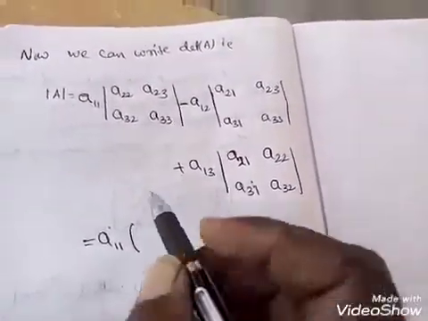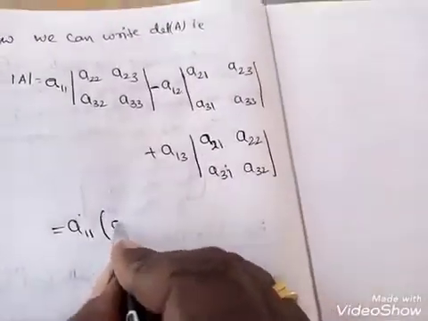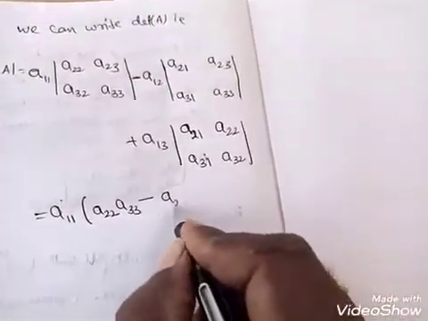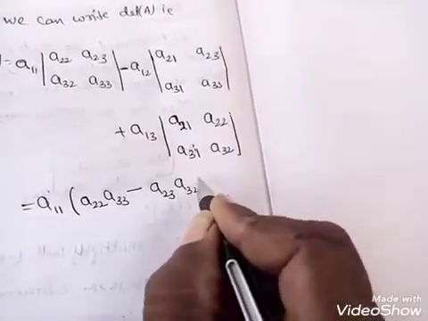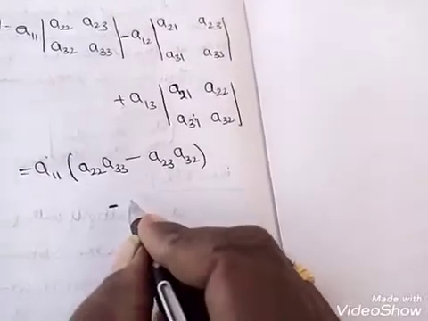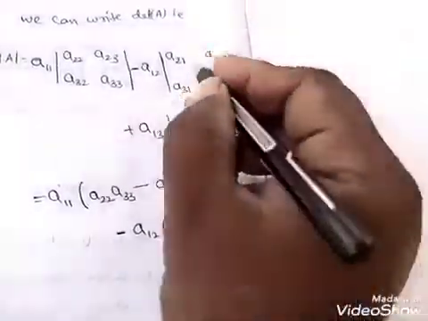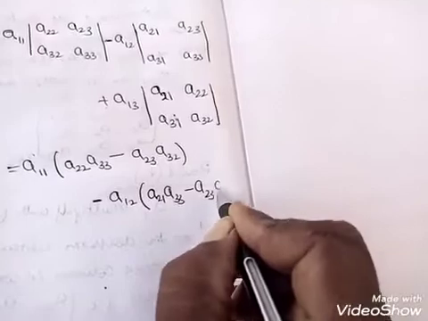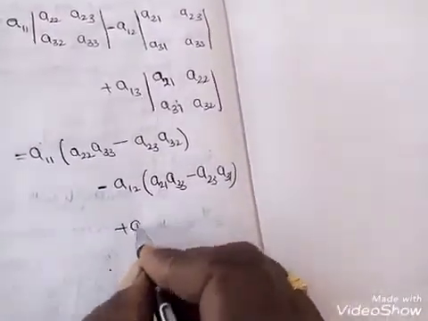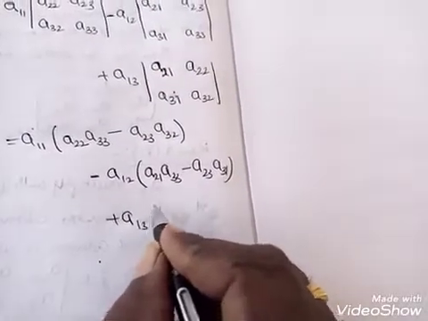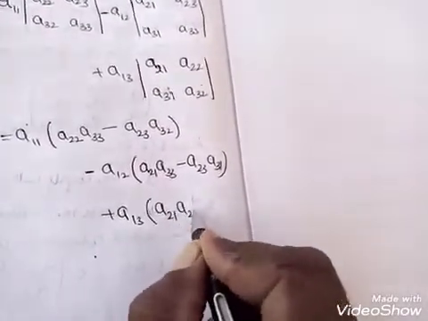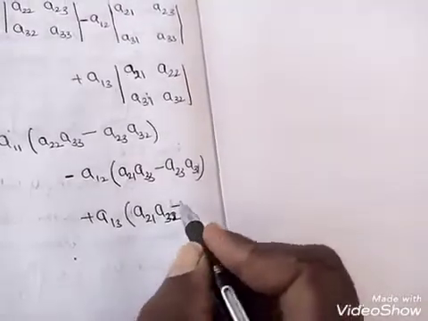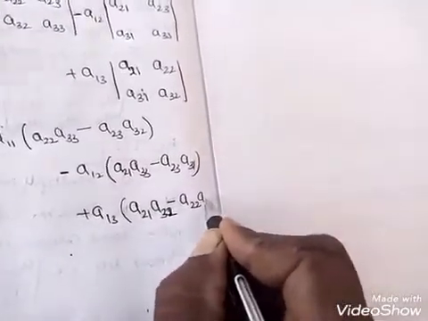A11 into the diagonal product A22 A33 minus A23 into A32, minus A12 into A21 A33 minus A23 A31, plus A13 into A21 A32 minus A22 A31.